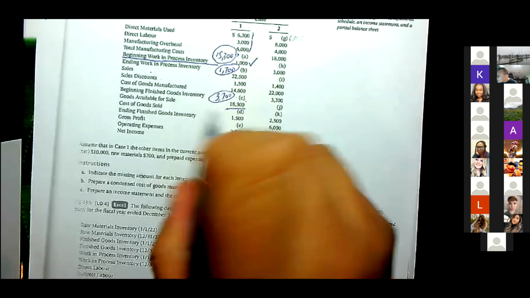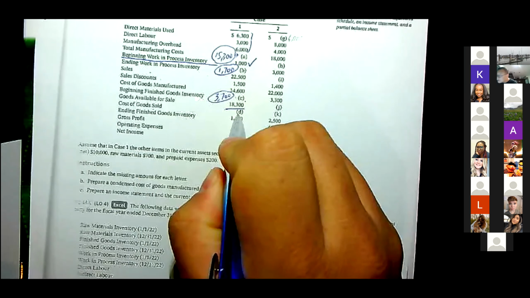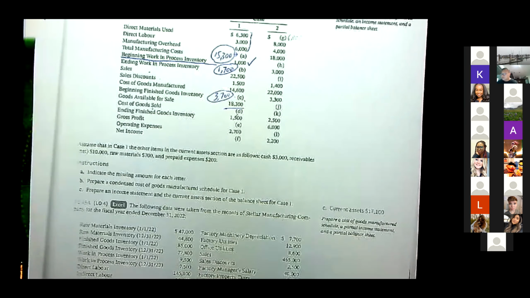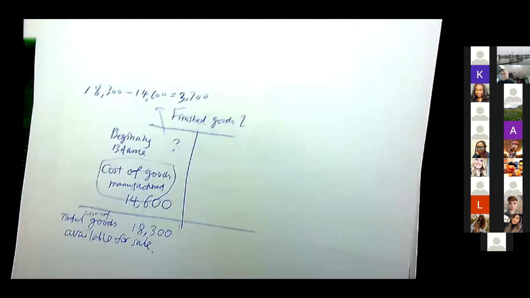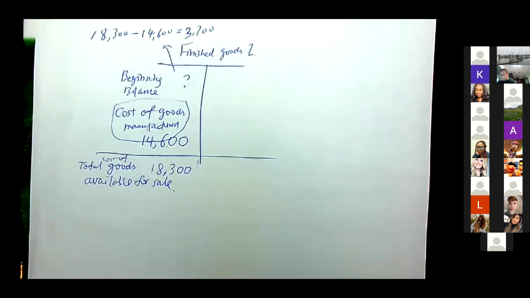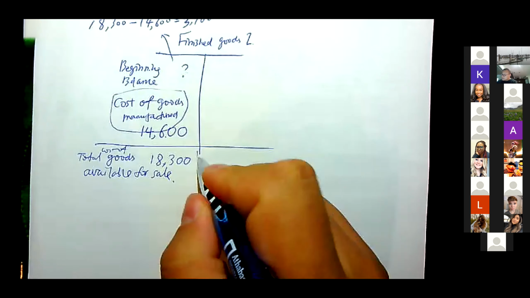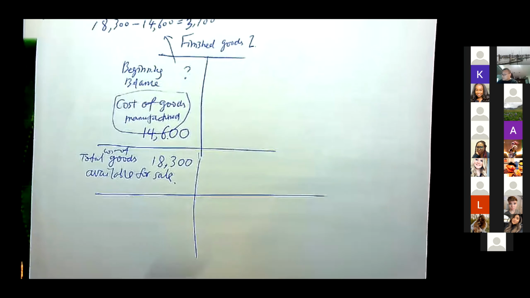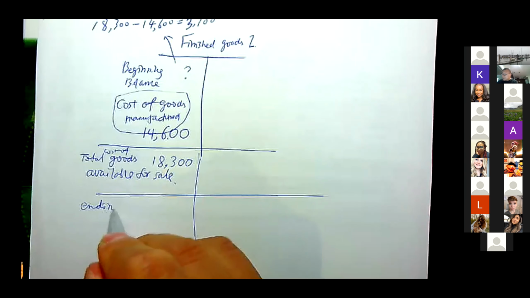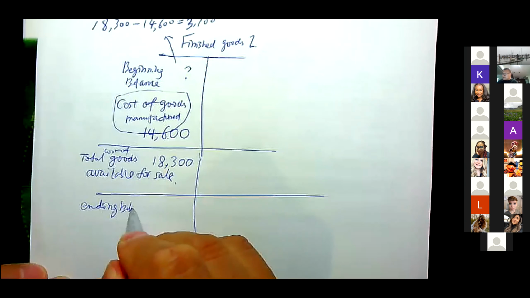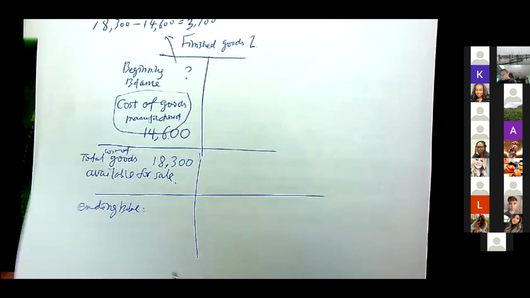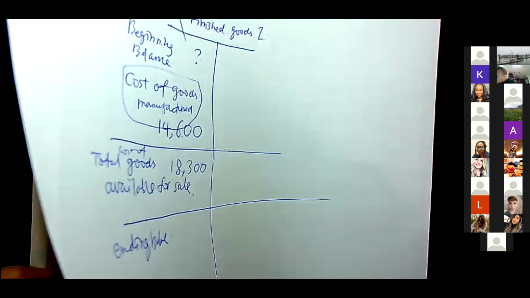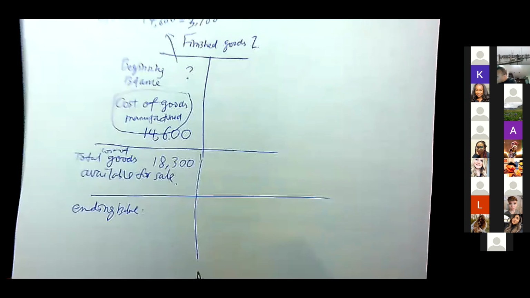Okay. And then cost of goods sold, D. You would just take goods available for sale minus your ending inventory. Good. So I have an ending balance, right? This ending balance of finished goods, what's my ending? Oh, 1,500, right?